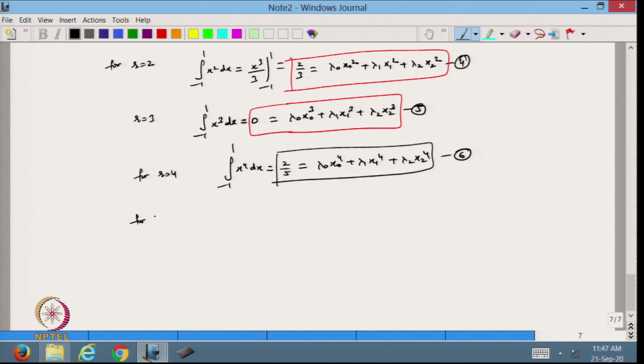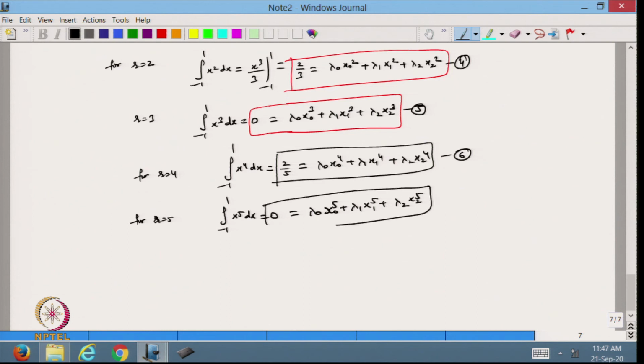And the last one, for r is equal to 5, this is integral minus 1 to 1 of x raised to power 5 dx, an odd function. So, its value will be 0, equal to lambda 0 x naught 5 plus lambda 1 x 1 5 plus lambda 2 x 2 5. So, that is the last equation.